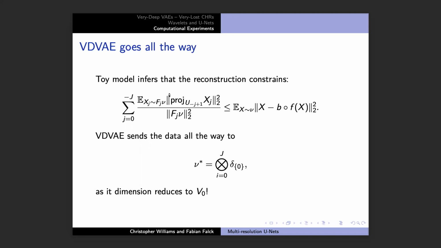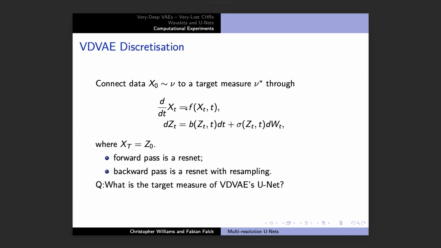So what they're connecting our data distribution to is, if I think of my measure as a product measure across my J dimensions, a delta mass at 0. So it's just sending everything to 0. And you can think of the forward part as being some flow that's grabbing my data and pulling it towards 0. And then Z as blowing that up, back up.